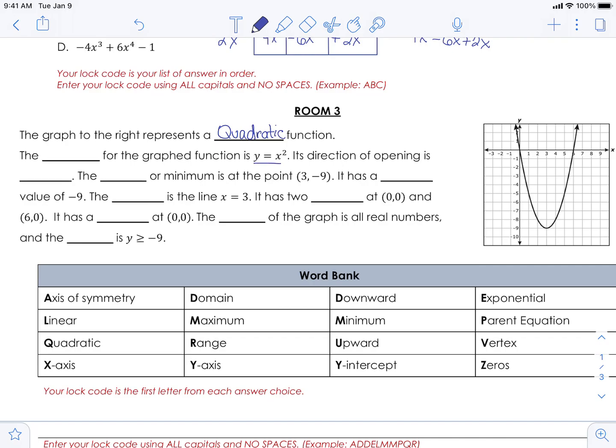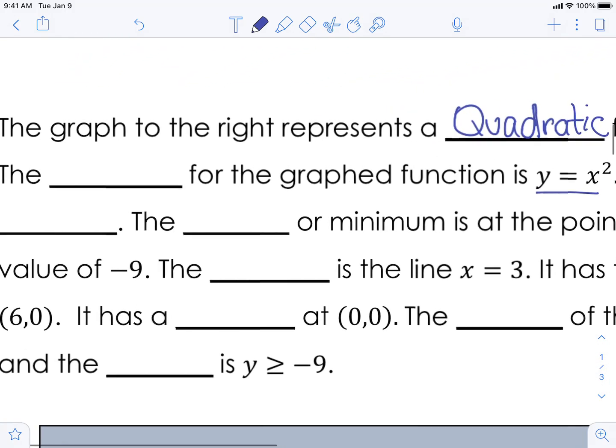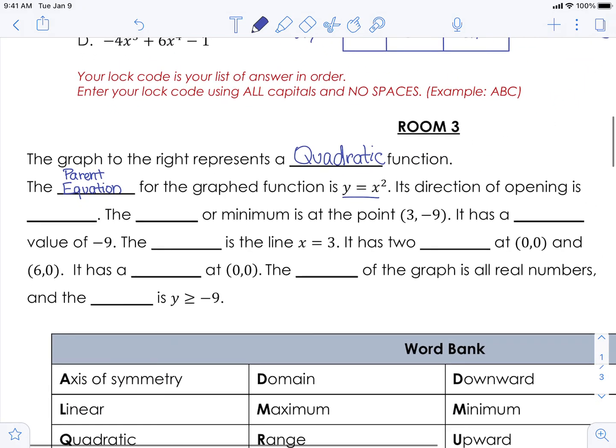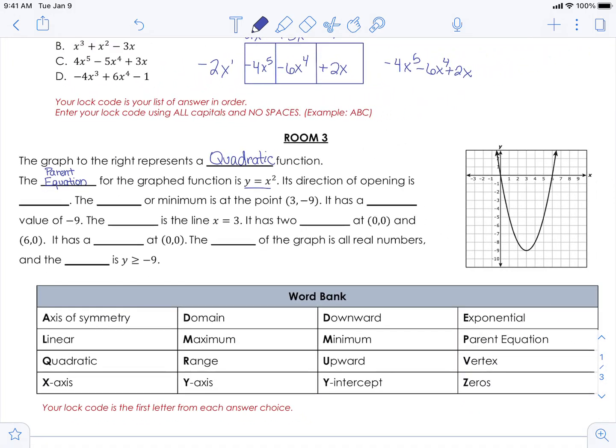Well, do we remember that is the parent equation? That is the most basic equation for the function. Okay, its direction of opening, well, how's it opening? It makes that U shape or a smiley face, so that would be upwards.